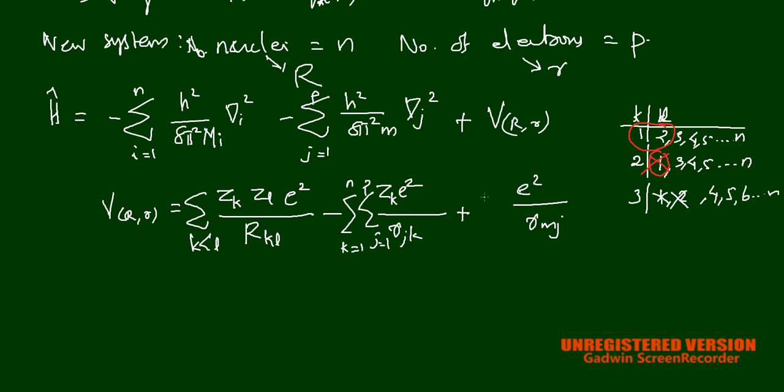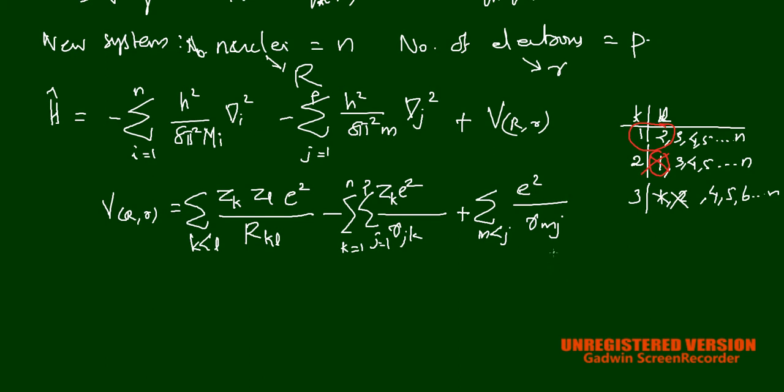Then again we have to apply a summation here, with the condition that m is less than j. You know why it is like that. I have already defined this for the nucleus repulsion. The same applies here also. So that is the Hamiltonian.